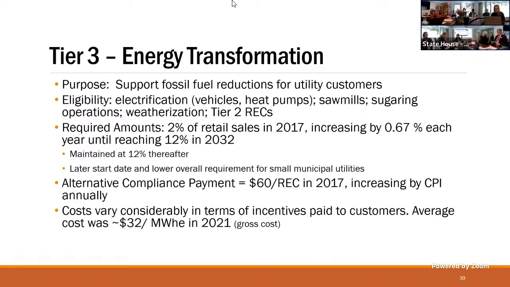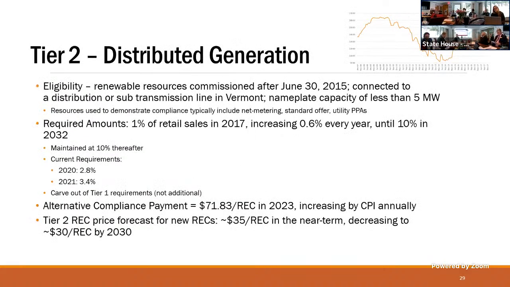Thanks, Anne. Just one thing on Tier 1 and 2, if I might add. On the top right corner of the slides, there's a little chart, and that's really just what the prices have been. You can see some volatility in Tier 2. It was high, and then it got really affordable as more resources were deployed and caught up to renewable portfolio standards.